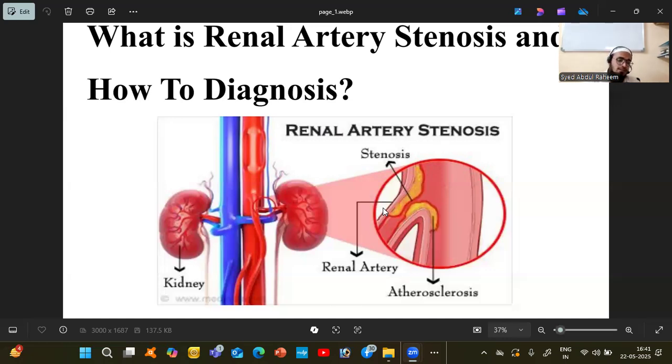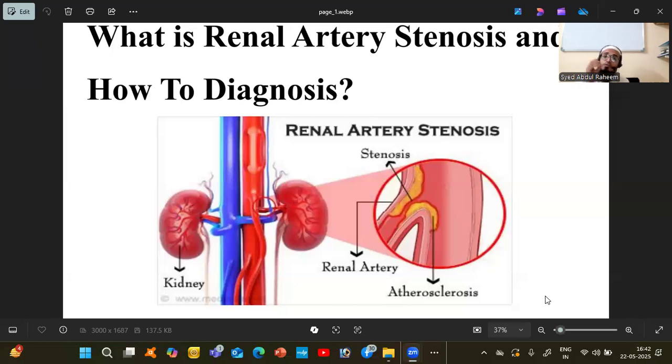So radiologically, what investigation do you have to do? If a patient has a high level of hypertension, and all the reports are normal for cardiac, everything is normal, then you have to go for a kidney test, because the problem is in the kidney.